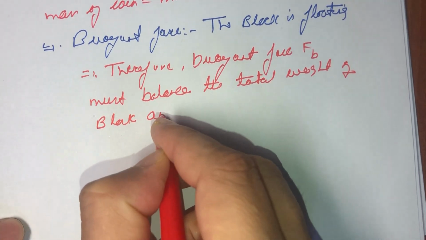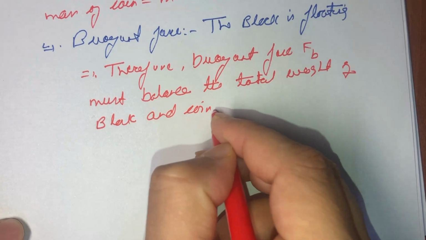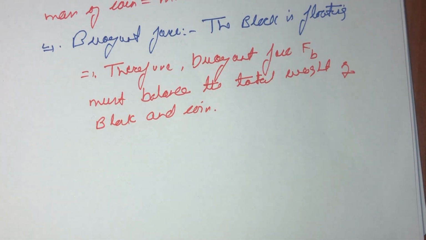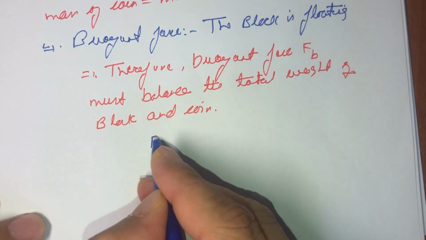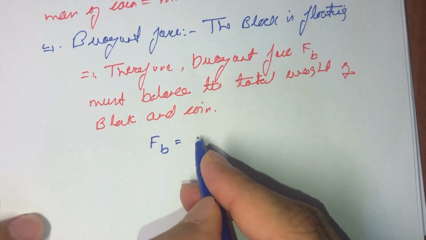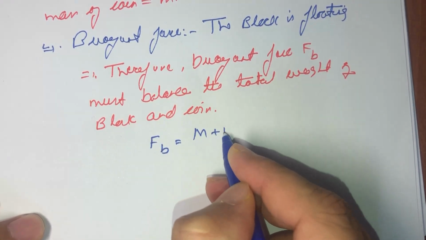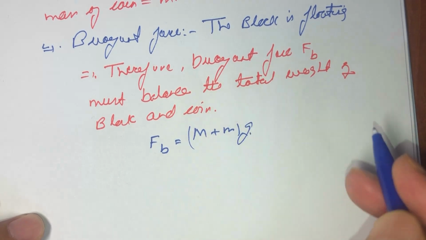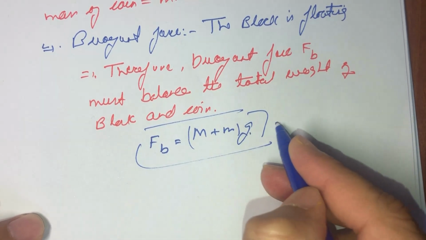So our buoyant force FB will be equal to capital M plus small m multiplied by g. Let us call this equation number 1.